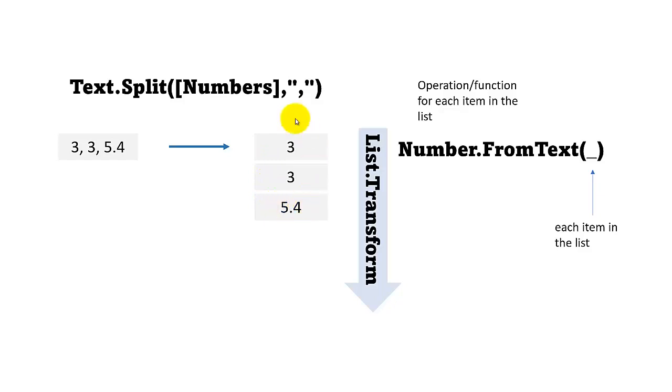Now we're going to sum this value up, so we need to turn this into a number first. So I turn it into a number from text to number. We have the from text M function. So here it is: Number.FromText underscore. And finally we can use List.Sum to sum it.